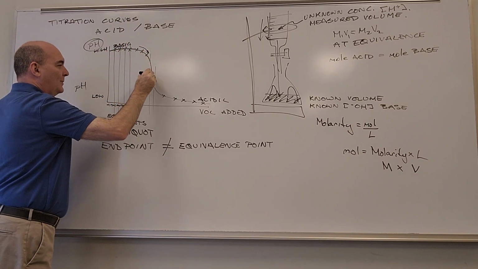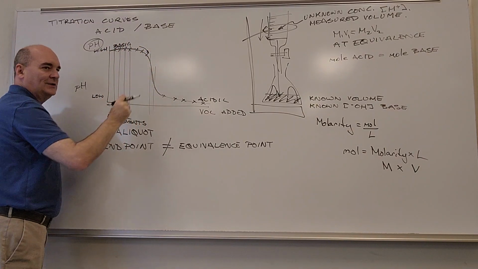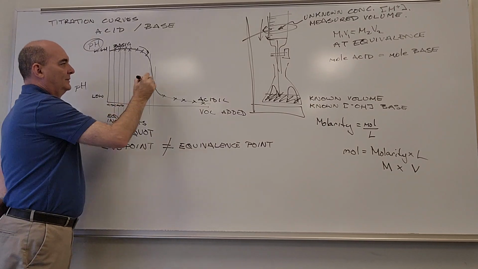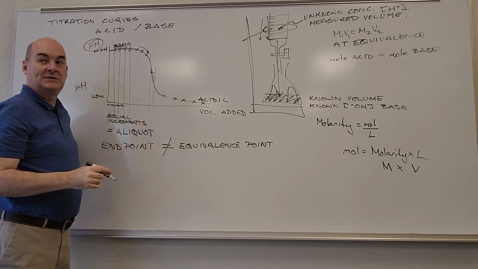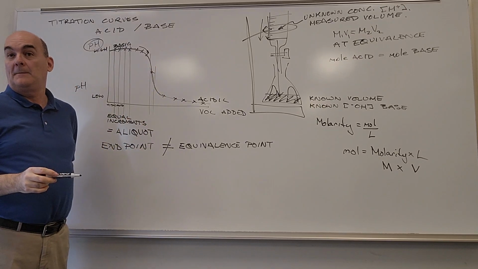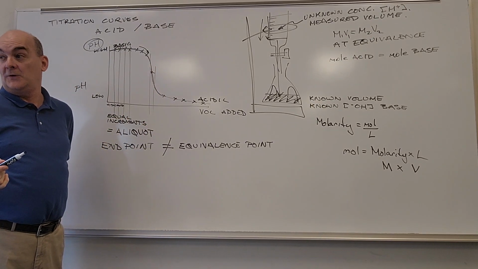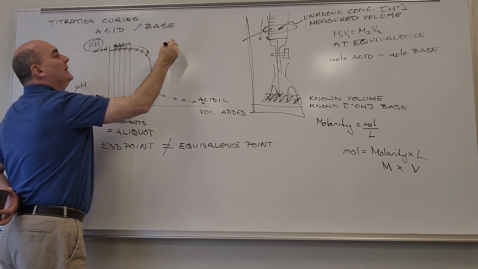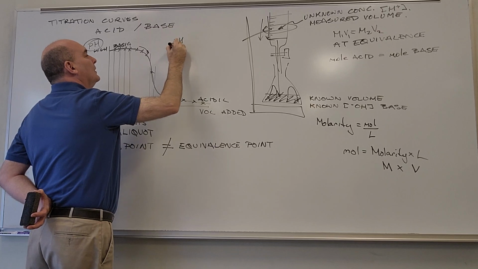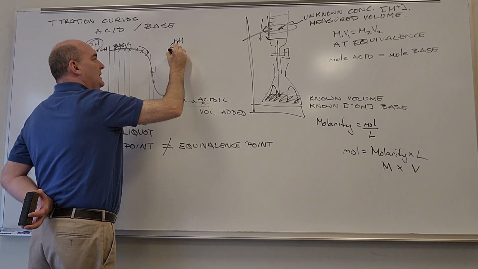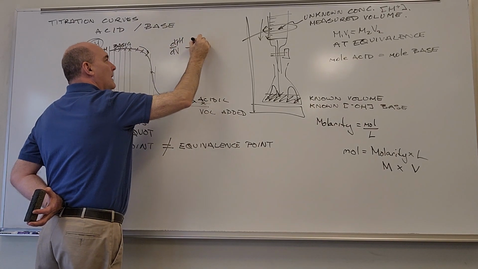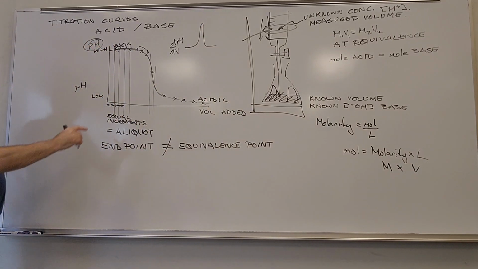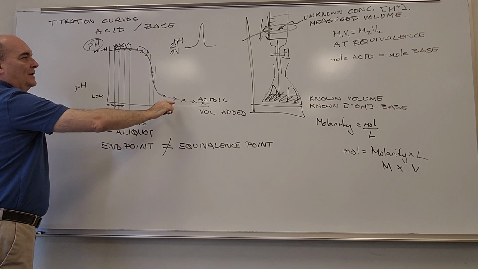So first of all, the human brain is really good at spotting inflections. So if you've got a sharp pencil, you could say that my inflection point is here. But if you plot the first derivative, which would be d pH over d volume, we get, it was curving that way, now it's curving this way.